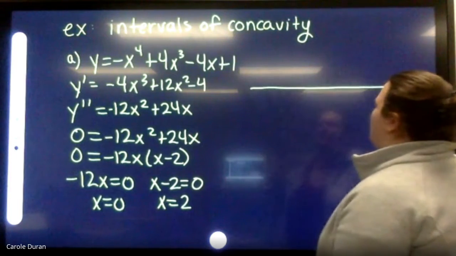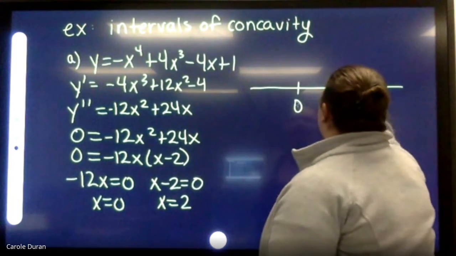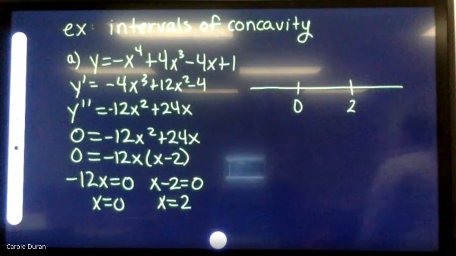You could also do a chart if you wanted to, but sometimes that's extra work. So I'm testing at 0 and 2, correct? No, I'm testing around them. So negative infinity to 0, 0 to 2, and 2 to infinity. I already know at 0 and 2, I got 0 for my second derivative.